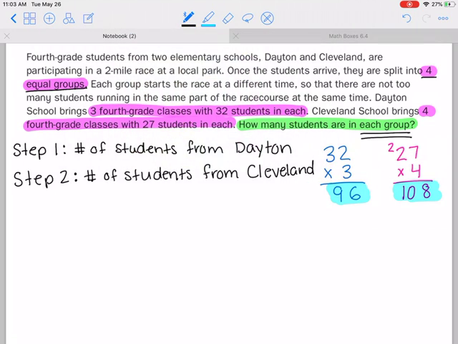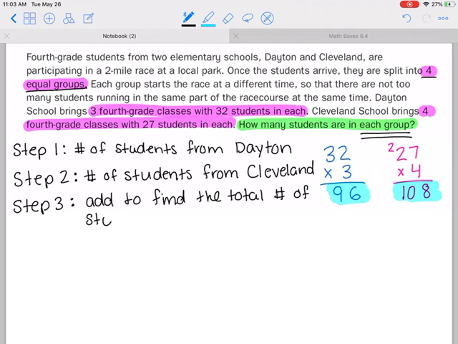Now what do I do with those 2 numbers? I need to figure out how many total students we're putting into those 4 groups, so we have to add those together. Step 3 is to add to find the total number of students.